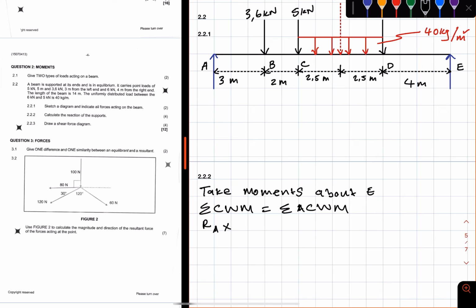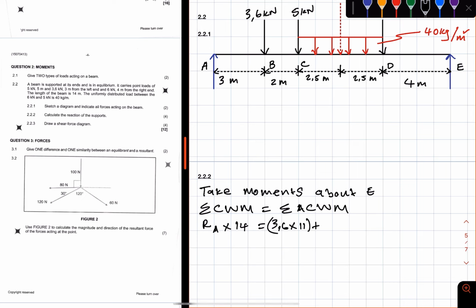So RA multiplied by the perpendicular distance from A to where we are taking moments. So E is 14. So times 14 is equal to 3,6 times, what is the distance between 3,6 and support E? It is 11.